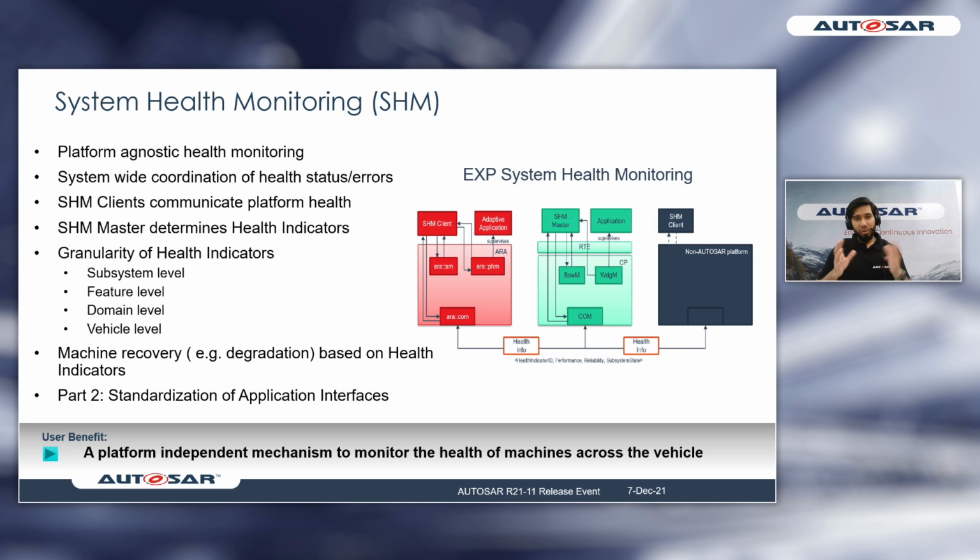This concept was divided into two parts, the second part being the standardization of application interfaces. That's probably what we did in part two. The user benefit of this concept is a platform independent mechanism to monitor the health of machines across the vehicle.